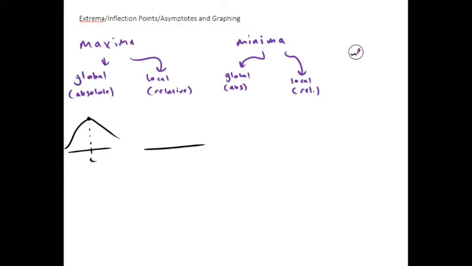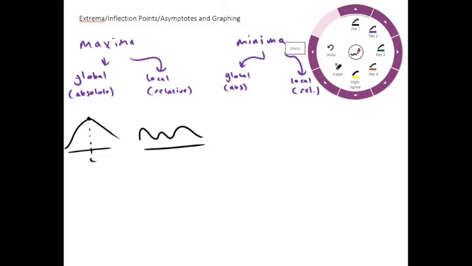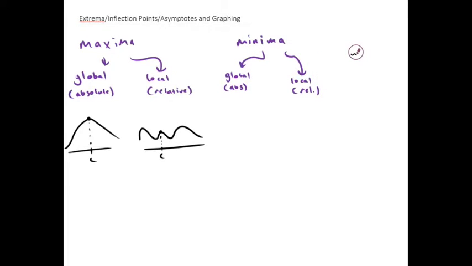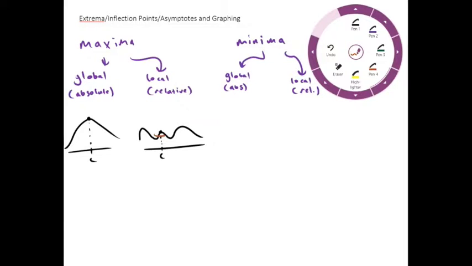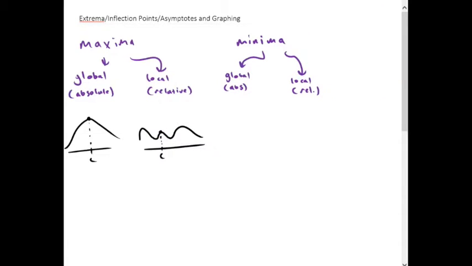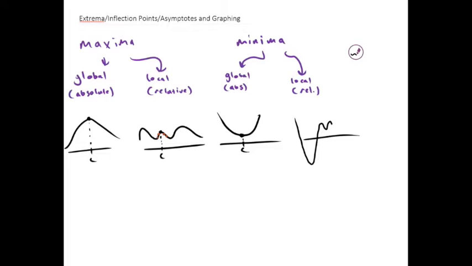Whereas with the local maximum, it may not have the largest f value, but compared to the points around it, it is larger. And the same applies for minimum points. You can have the global minimum, which is smaller than any of the points in the function, or we can have a local minimum, which is smaller than the points around it.